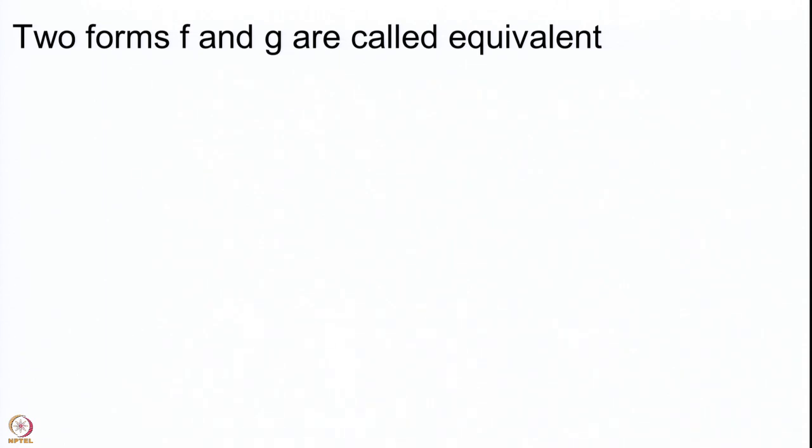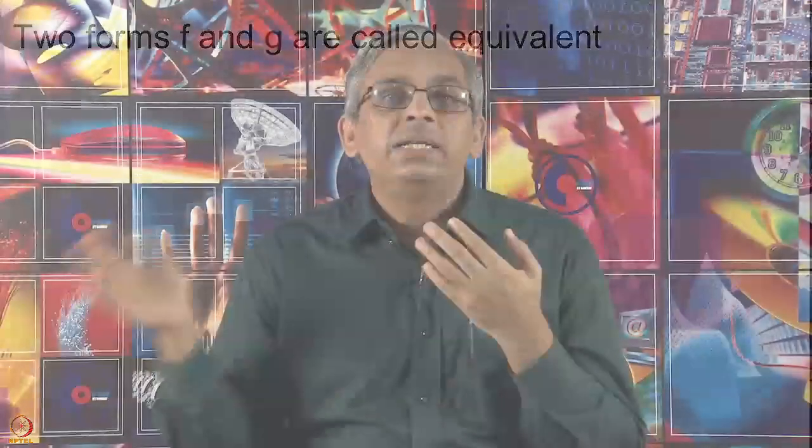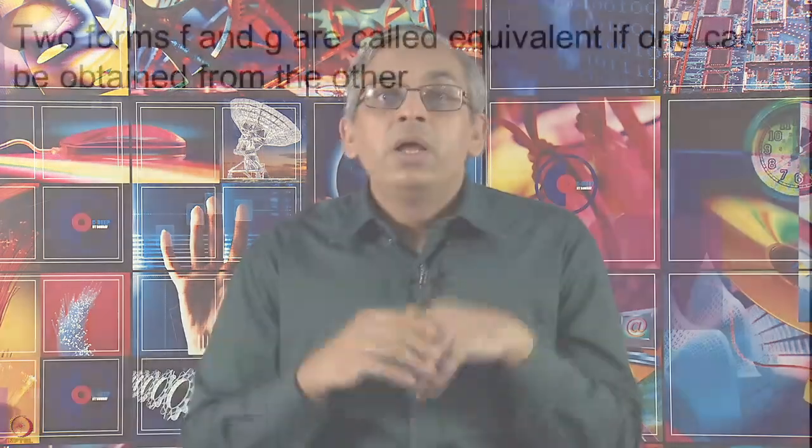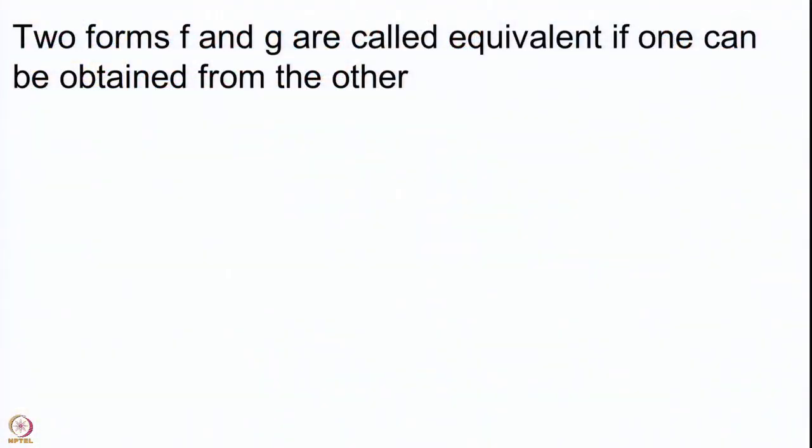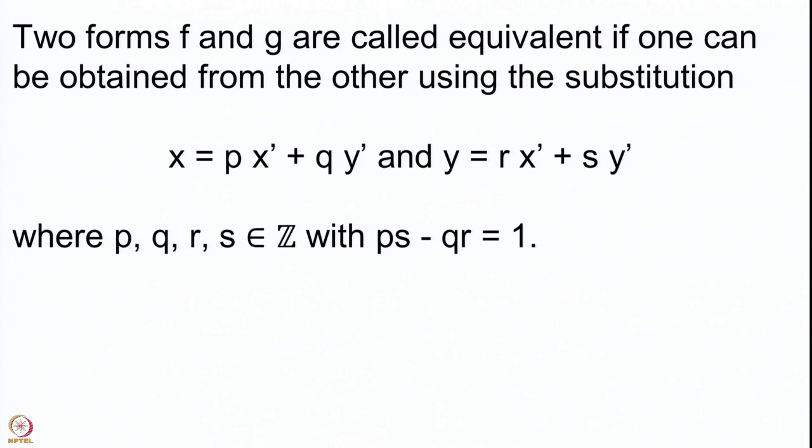So, you have the form f and you have the form g. Suppose your form f is given by a, b, c and g is given by a prime, b prime and c prime. We say that these two forms are equivalent if one of these can be obtained from the other using the substitution x equal to p x prime plus q y prime and y equal to r x prime plus s y prime.